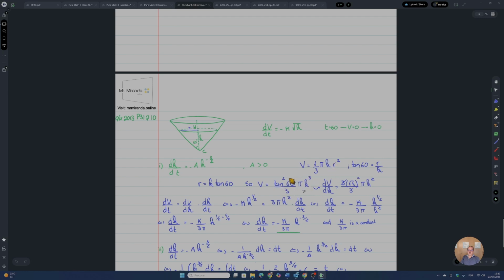And now you are able to differentiate this in terms of h. dV by dh is going to be, this is just a constant, right? And tan of 60 is just square root of 3. So after simplification, this will turn into 3 pi h squared.